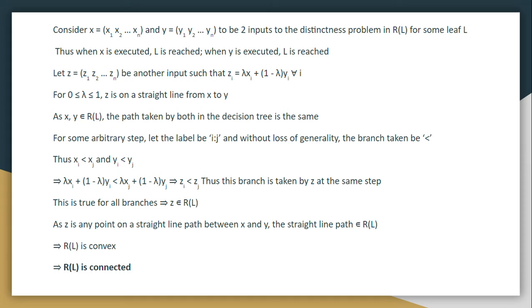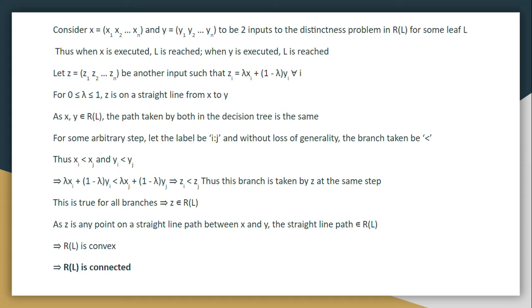Now, let's define Z to be another input such that Zi is equal to lambda xi plus 1 minus lambda yi for all i, which means that every element in Z has this particular relation with the corresponding elements of x and y.